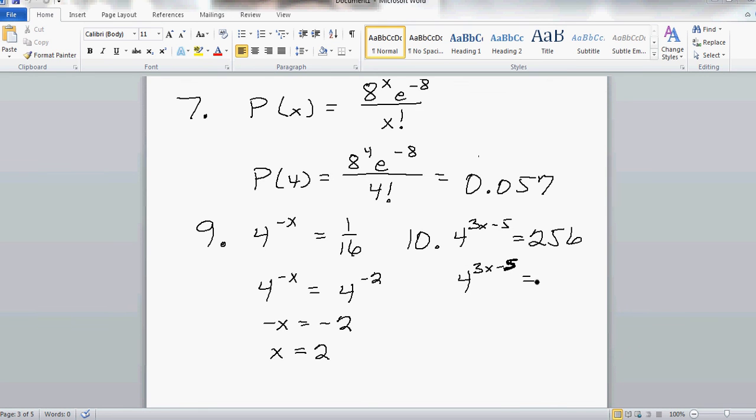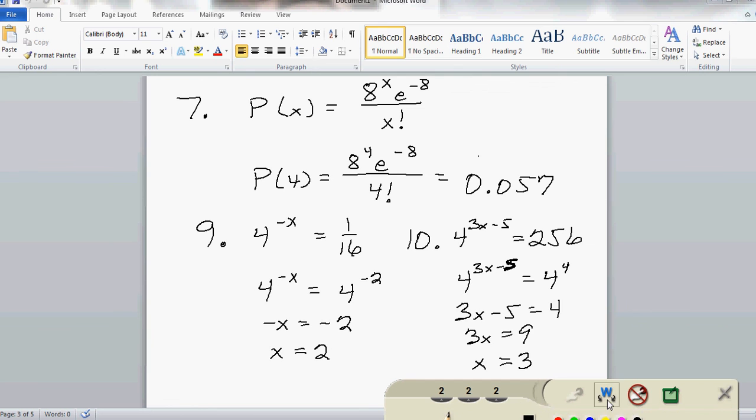But as it turns out, 256 is actually equal to 4 to the 4th power. And that's the first thing I would check. Is 4 to some power equal to the 256? In this case it is. So set each of the exponents equal to each other. 3x minus 5 equals 4. Add 5 to both sides, and divide both sides by 3 so that x equals 3. Once again, it would not take too much to do a quick check, but I am going to forego that particular step.